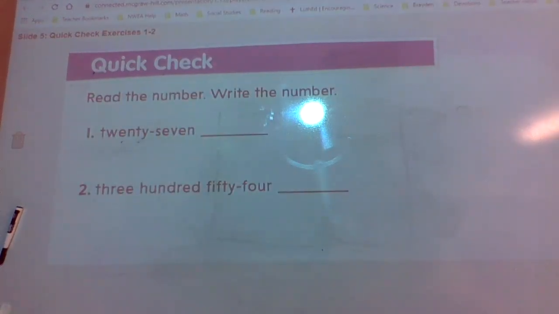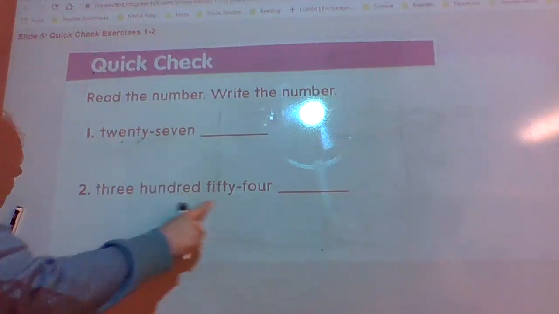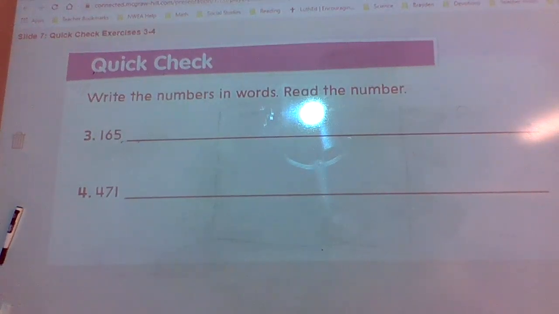Okay, again, we just did numbers by reading the word and writing the symbols. So in this case, 27 and 354. So 27 should be 27 and 354 should be 354. We're going to write these in words.